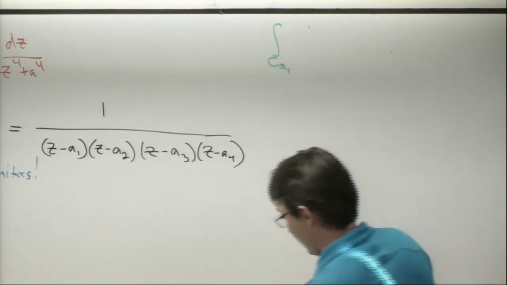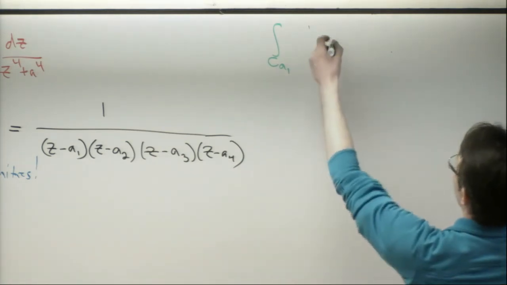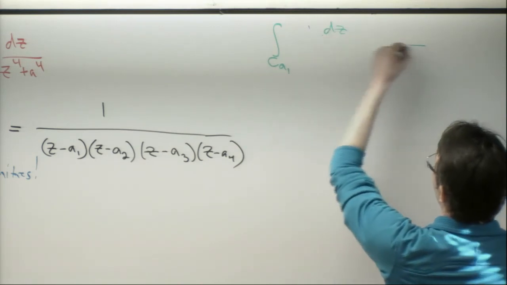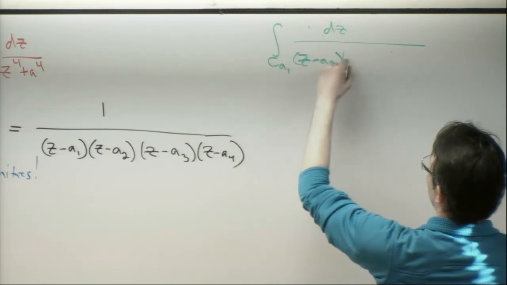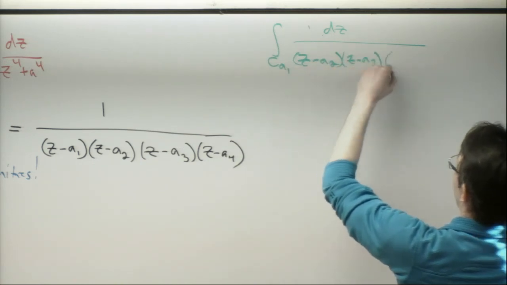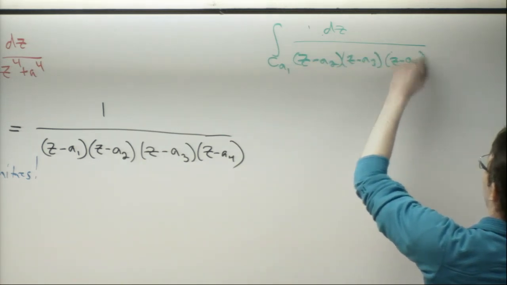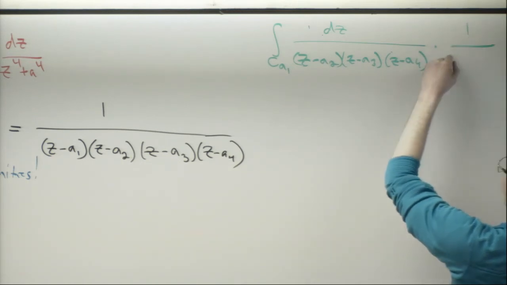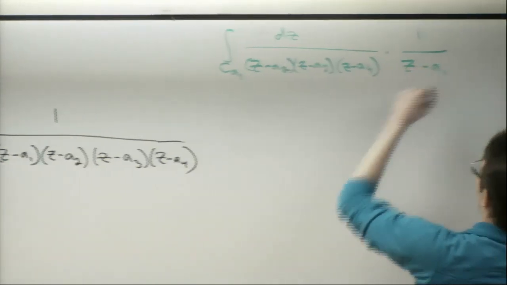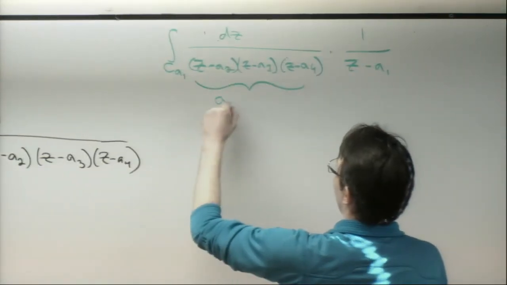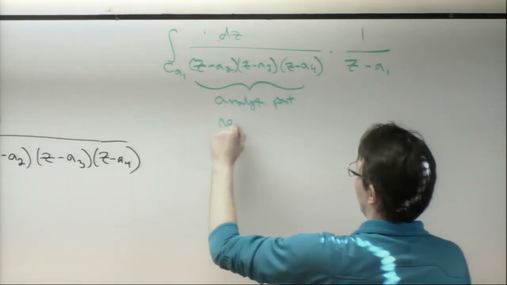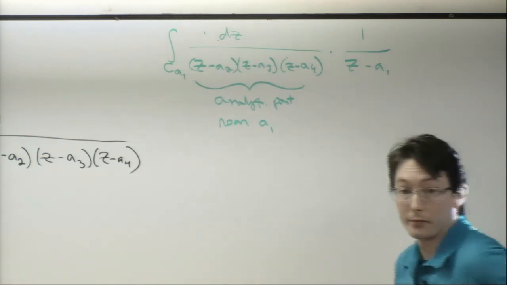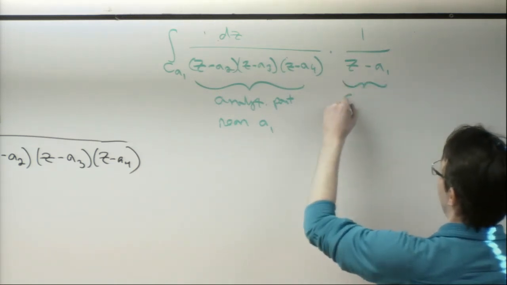I'm going to say this is equal to, dz over z minus a2 times z minus a3 times z minus a4 times 1 over z minus a1. So this is the analytic part near a1. And this is my singularity.